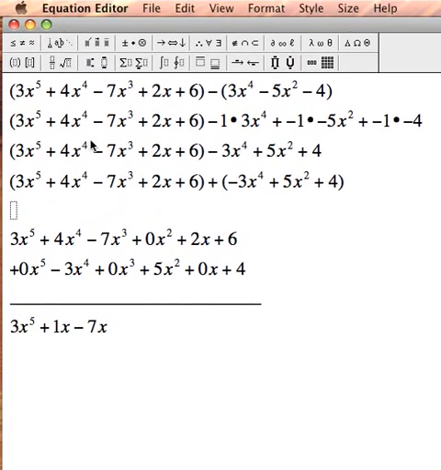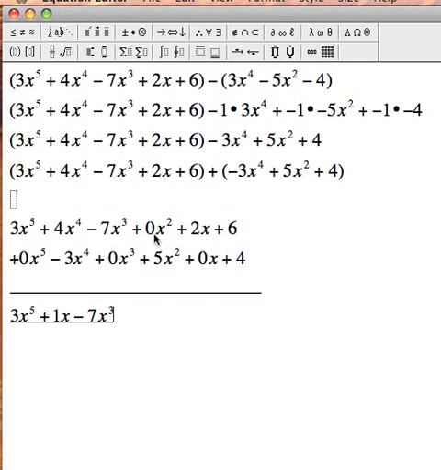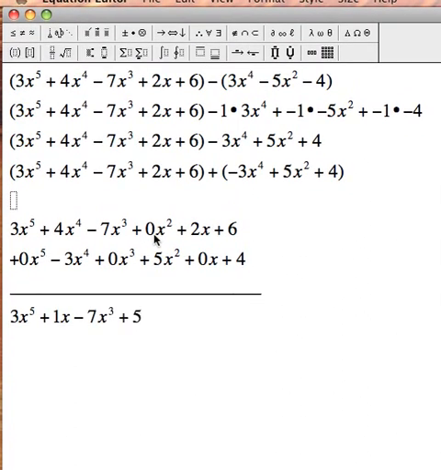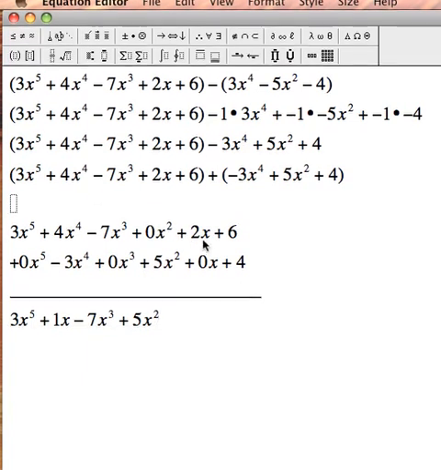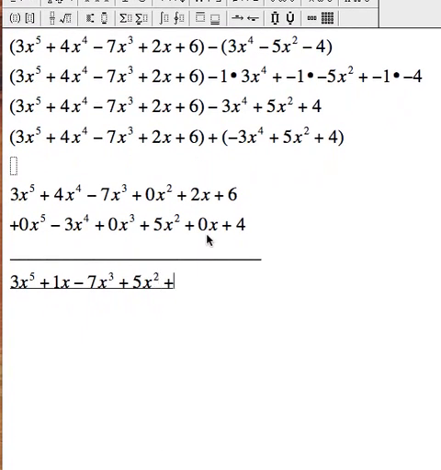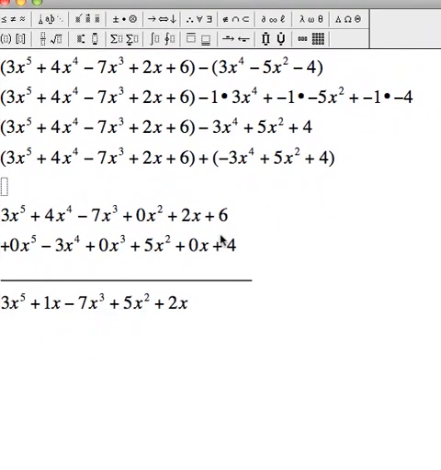So I have negative 7x to the 3rd power total. Here I have 5x to the 2nd power, then I'm not doing anything else with it, so that's positive 5x to the 2nd power. Here I have 2x, I don't have any more. So that's 2x.